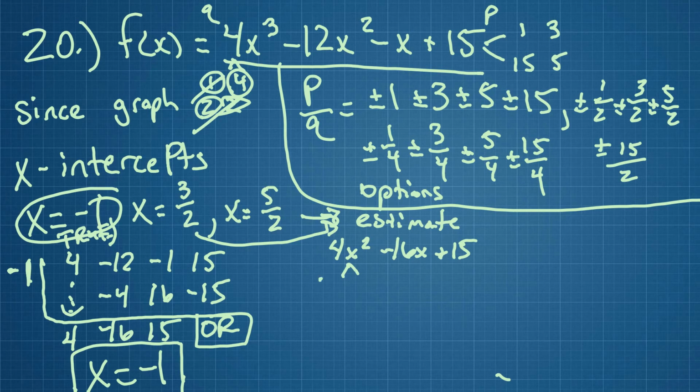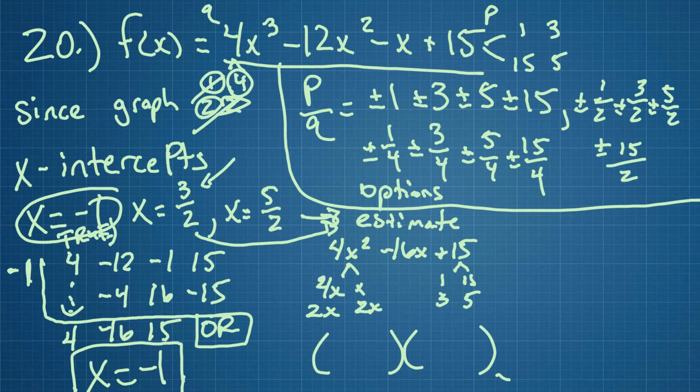I could try and factor it into 4x and x, 2x and 2x, and then factor 15, 1 and 15, 3 and 5, and do my sets of parentheses and see which one's going to work, and then set them equal to 0 and solve. Normally I would do that, but since I have these options here, I'm going to go right into synthetic division. So I'm going to make another box.